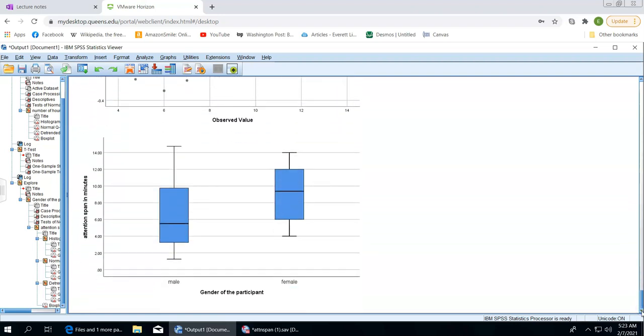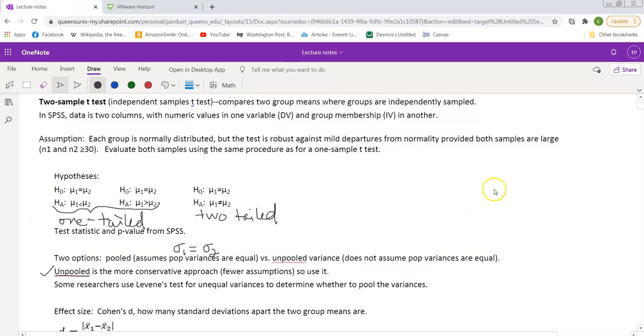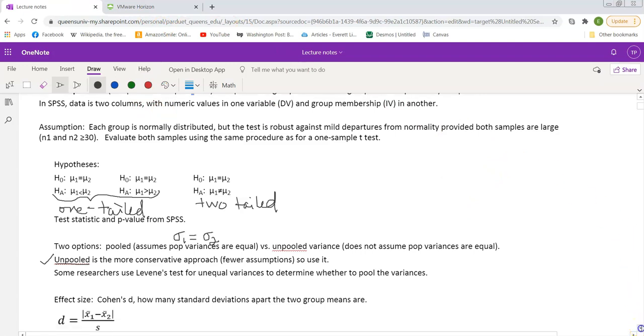Let's take a look. We don't have any outliers. So, all right. So yeah, I would say the assumption of normality has not been violated. All right, so that's our assumption.